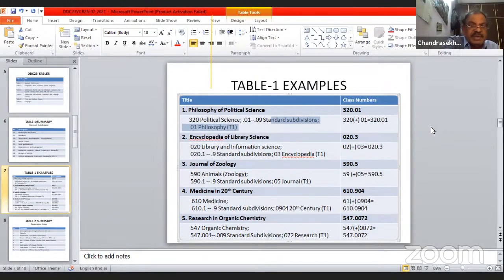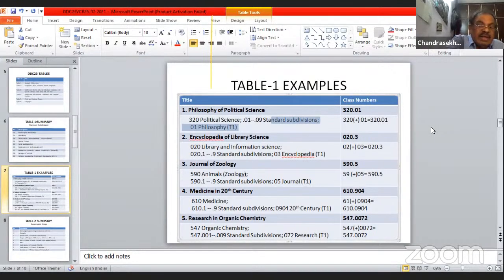547 is organic chemistry. There is an instruction for standard subdivisions: use 0.001 to 0.009. Generally, what is the notation for standard subdivisions? 01 to 09 generally.